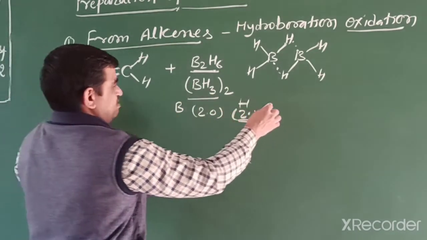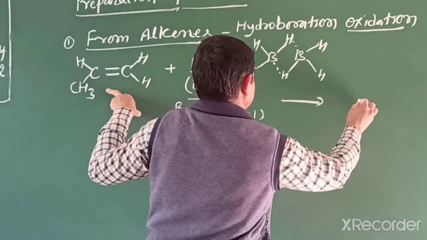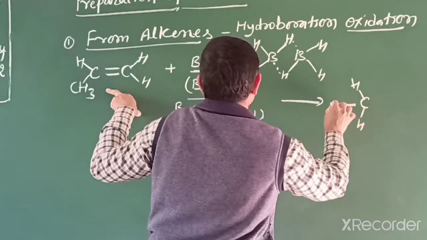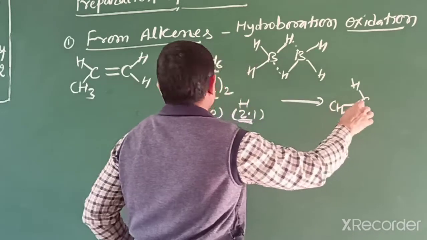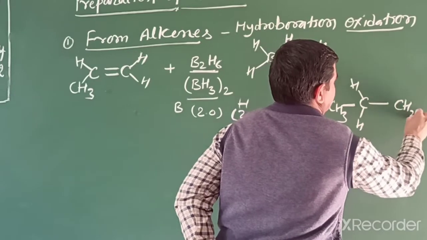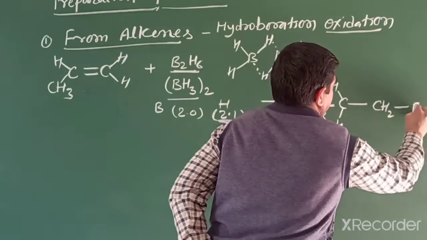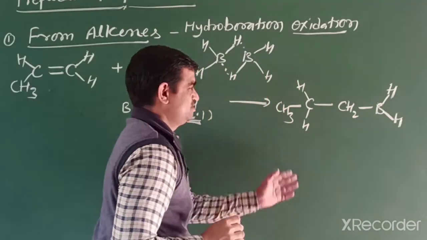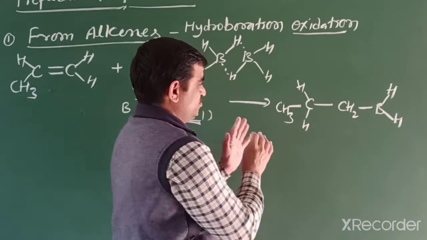So in the first step the addition reaction occurs like this. In this, boron is attached. So we get the first compound, alkyl borane. 1 mole is added.